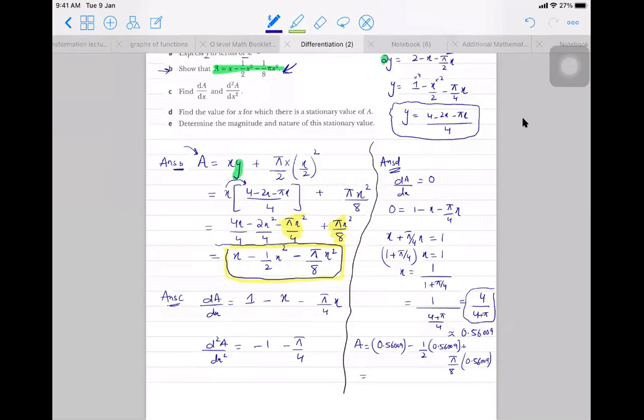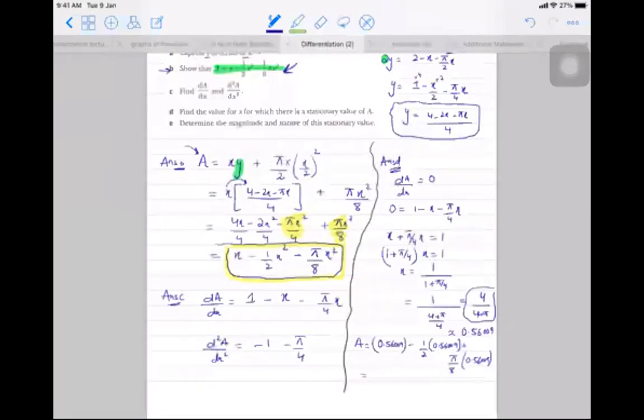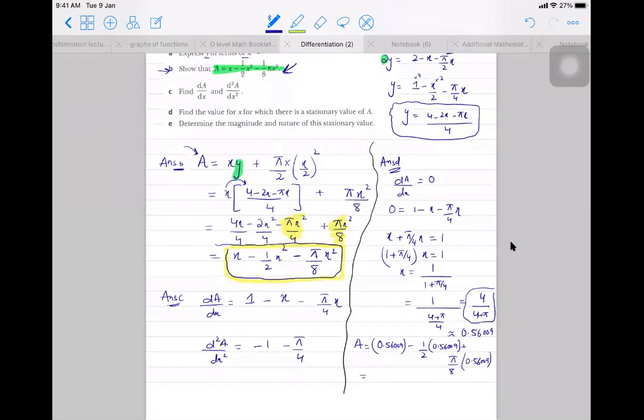What is the value of area coming out? It's coming to 0.499.